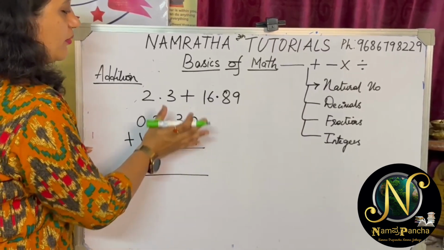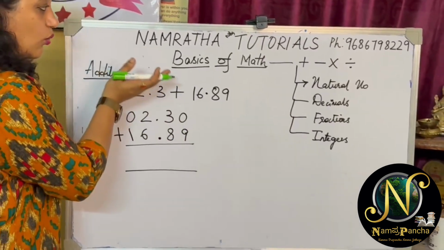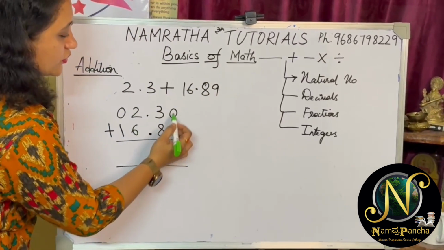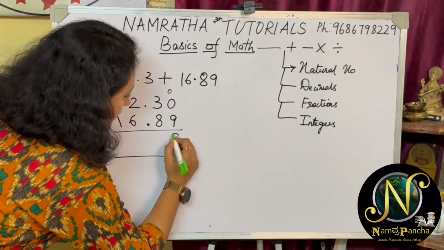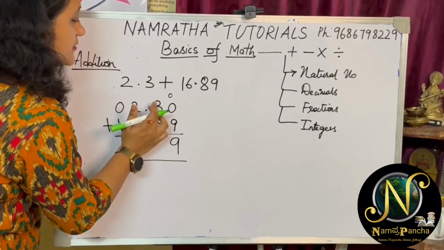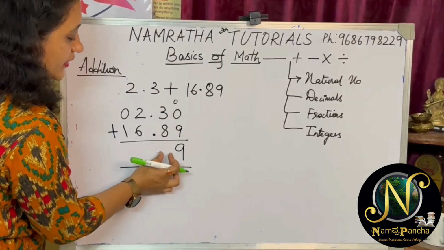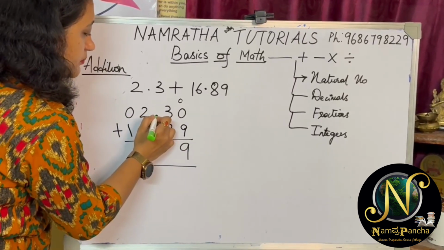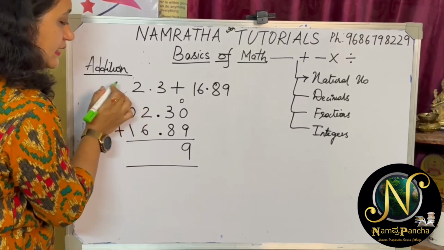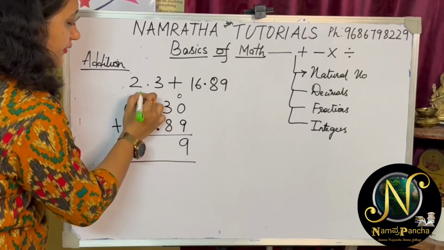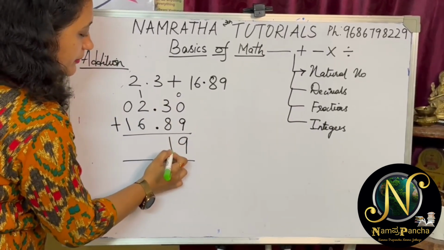Now we have to perform addition on it, similarly to what we did in the last problem. Starting with the ones place, 9 plus 0 is 9. 8 plus 3 is 11. Two numbers we can't add here. Though there is a point here, there is no problem. We can carry it to the next term. So 8 plus 3, 11. 1 I'll carry here, 1 will be placed here.